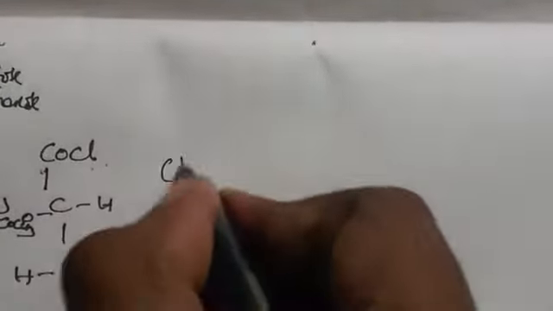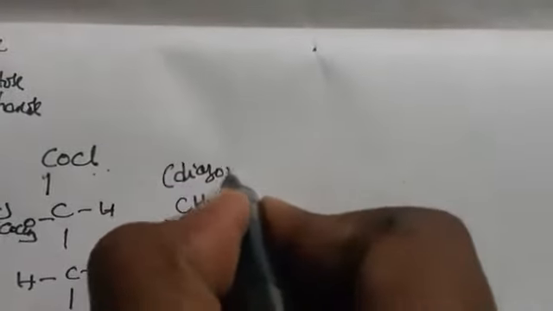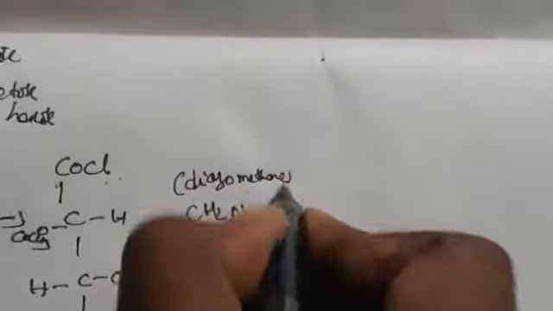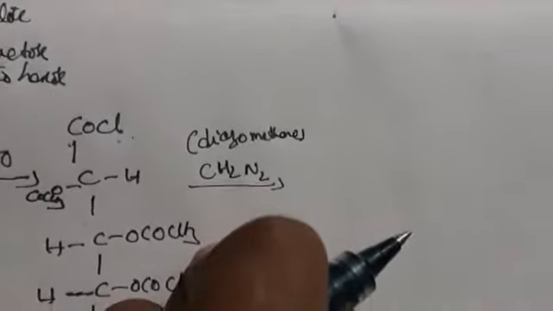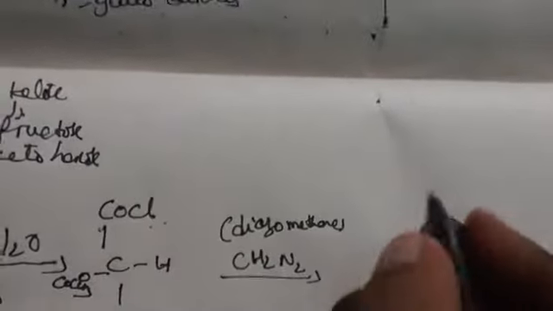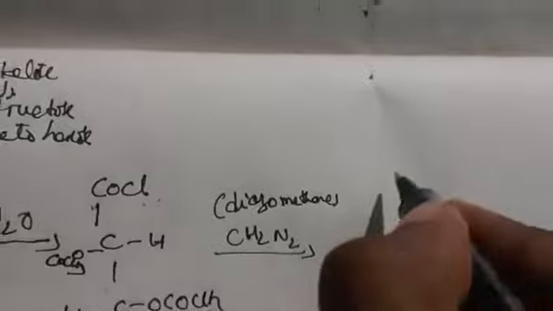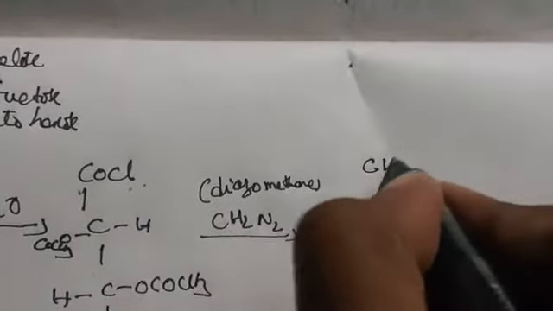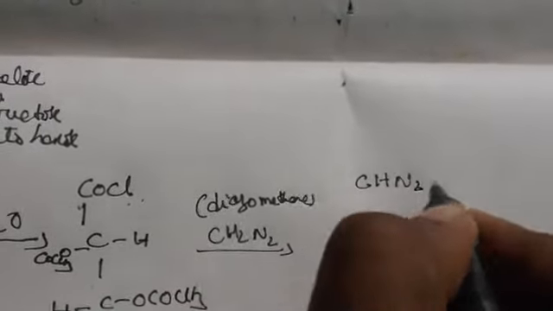So next, diazomethane, CH2N2 we call it as diazomethane. When I added this one, automatically what happens means here HCl is lost. Okay, means you are going to get CHN2.